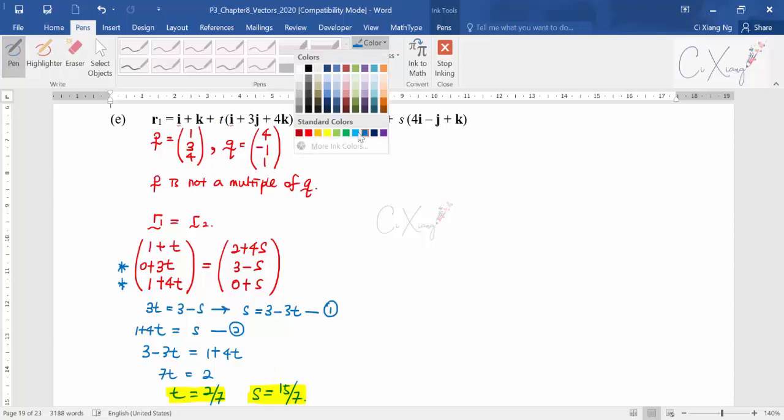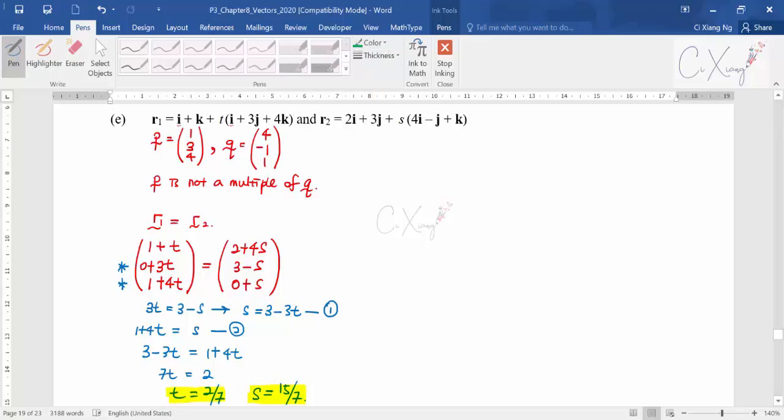Now I need to double check and see whether S and T are consistent for all the three components or not. So I need to use the first equation now. I'm going to check left hand side. For left hand side, I'm having 1 plus T, so 1 plus 2 over 7. Therefore, I'm having 9 over 7.